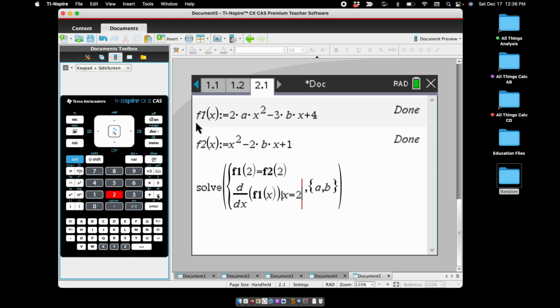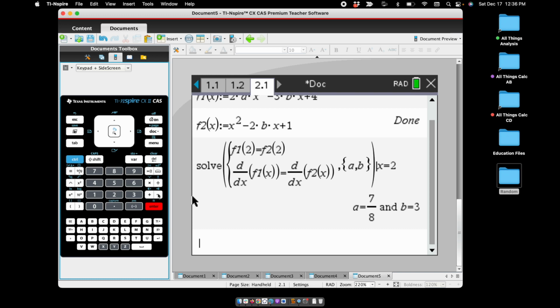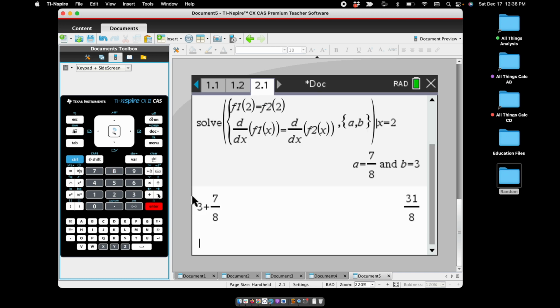I'm not sure if this is going to work. I'm going to try to put the such-that at the very end. Hopefully it works. And then I'm going to say such that x equals 2. Yeah, 3 and 7/8. Nice. Is 3 plus 7/8 what I think it is? 31/8. I think it is. All right, that worked out better than I thought it would.